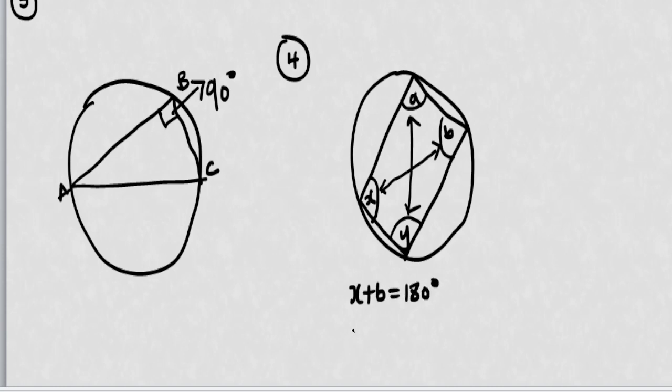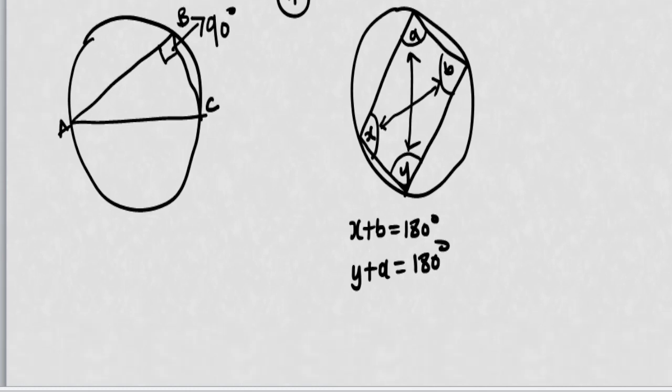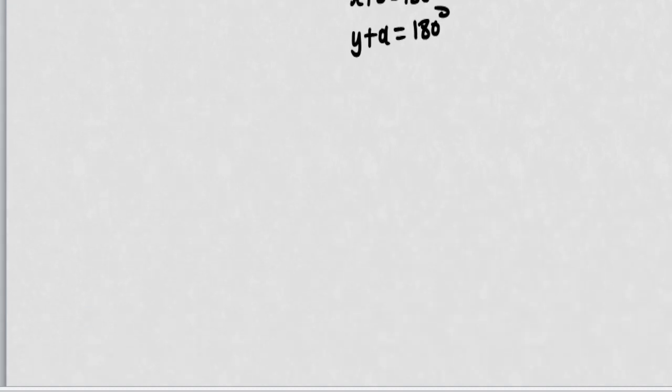If I say y plus a, I should get 180 degrees. So that is what the theorem states. Very important. Okay, so that was the fourth one. We're going to proceed and look at other theorems. All right, now let's look at the fifth theorem.